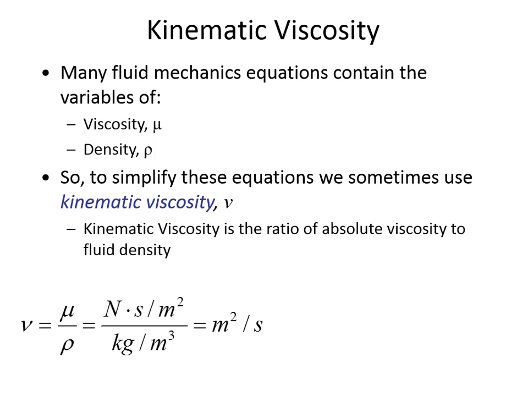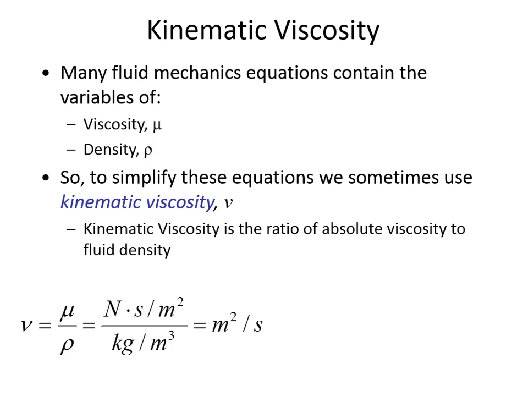So remember that viscosity is Newton seconds per meter squared, and density is kilograms per cubic meter. All of that cancels out to meters squared per second if you take into account that a Newton is a kilogram meter per second squared.